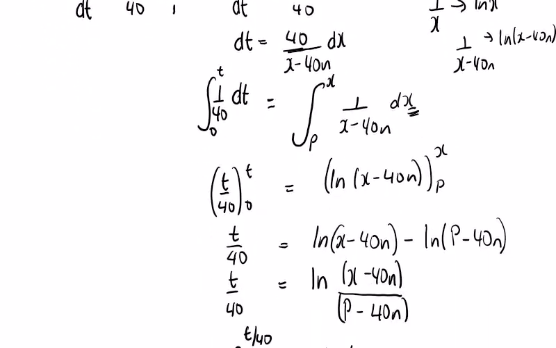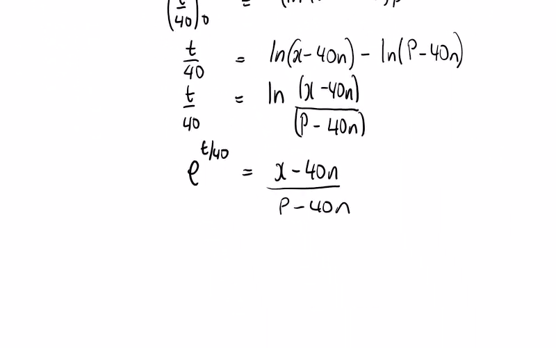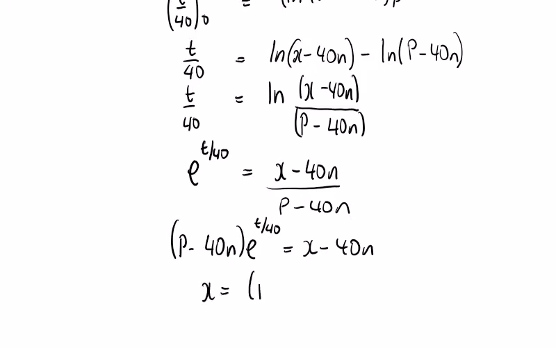So we need x on its own. So (p minus 40n) by e to the power of t over 40 is equal to x minus 40n. So just bring that 40n across, and we're going to get x is equal to (p minus 40n) times e to the power of t over 40 plus 40n.